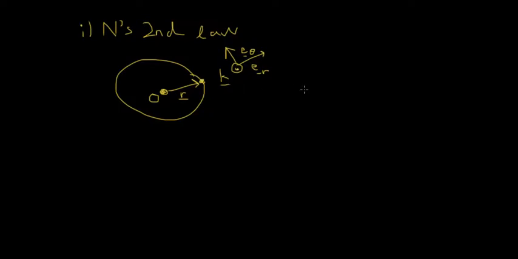A few things to note. We have a gravitational force acting on the particle, and there are a few assumptions. We assume that this mass is very, very large compared to this mass, so we can consider this mass to be stationary and at point O. These are point masses, by the way.